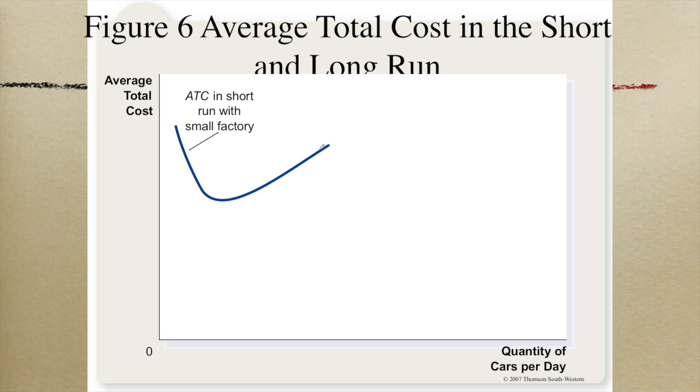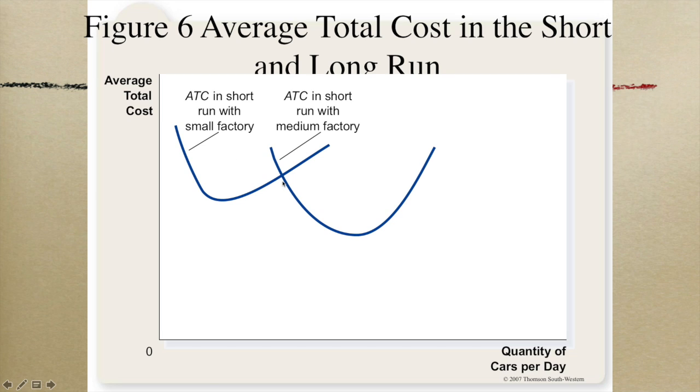Well, what the firm can then do in a small factory is they can expand to a medium-sized factory. So once they get to this point right here, right about here, they expand. Average total costs start falling again, until they start to rise because of the law of diminishing returns.